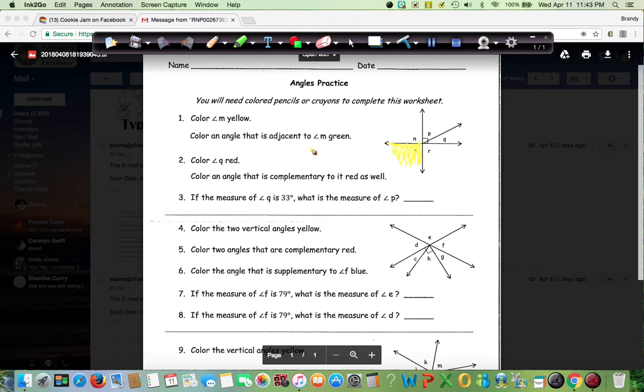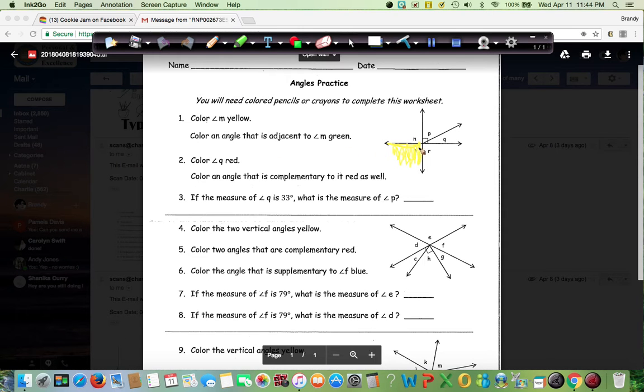Okay, now it says color an angle that is adjacent to angle M green. Remember, adjacent is your neighbor. So we need to find an angle that is adjacent, that shares a wall with angle M. You have two choices. If you look here, I'm going to pick the black line real quick.